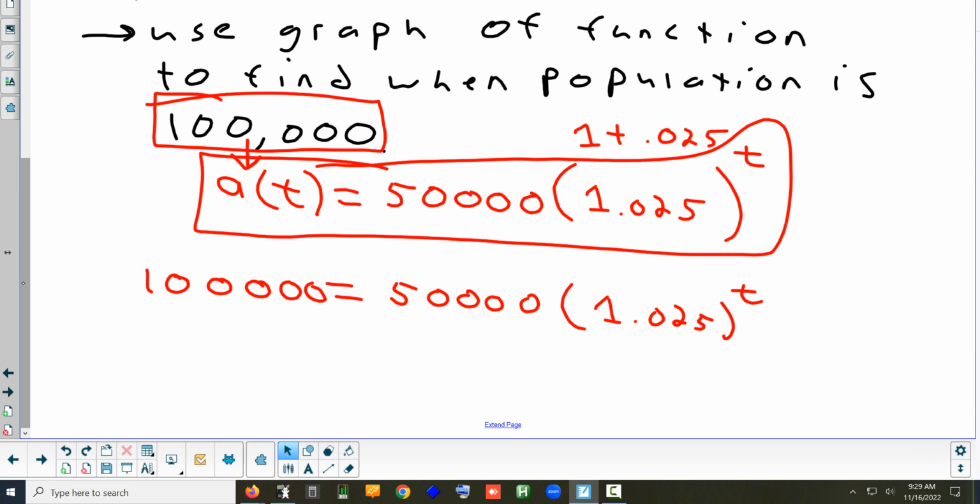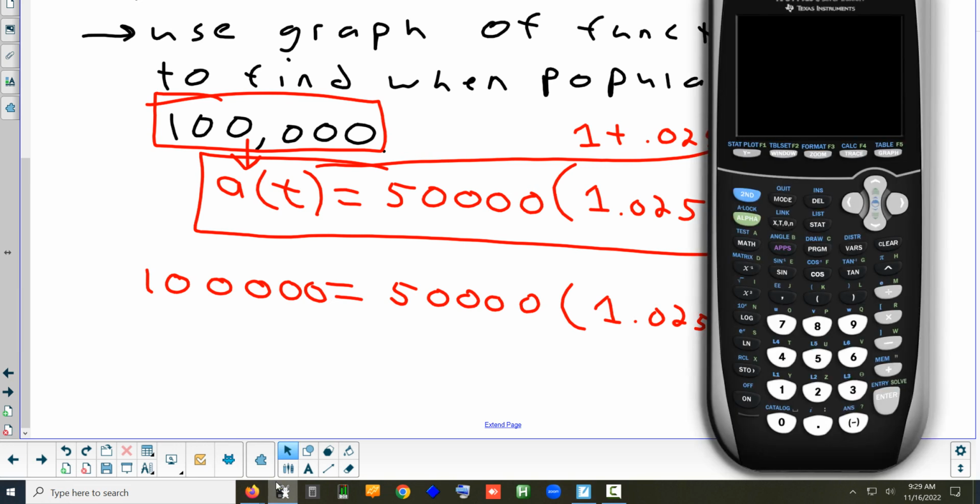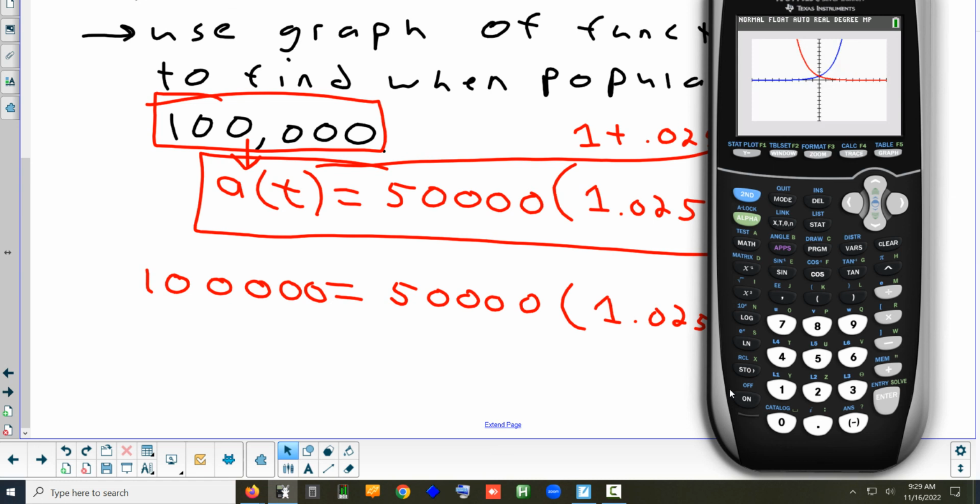If I'm going to use the calculator to figure out where the left side equals the right side, what do you think I'm going to do? And then what am I going to look for? You're going to graph a flat line at 100,000, and then graph the right side and figure out where they intersect. Yeah, we're going to find where they intersect.